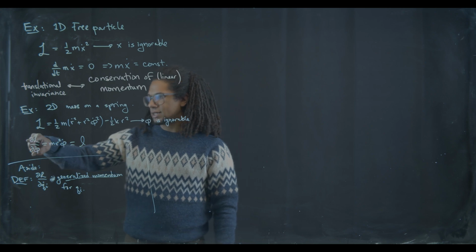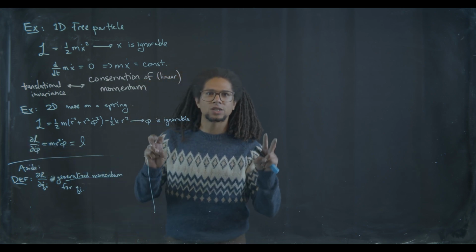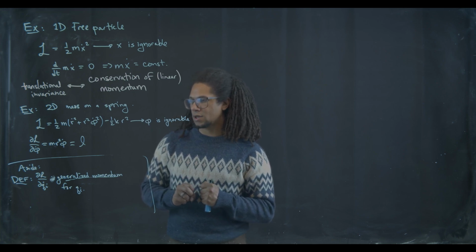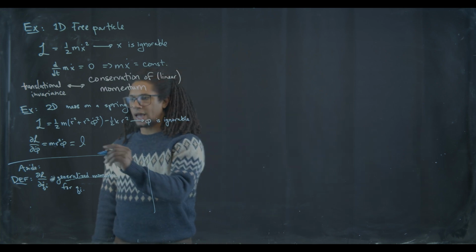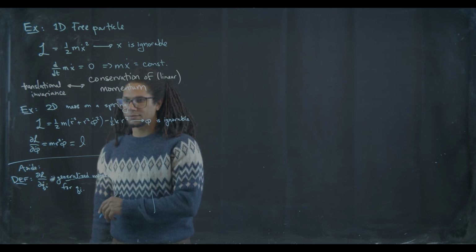So in this case, dL/d phi dot is the generalized momentum for phi. All right. And this is the thing which is equal to L, this constant.